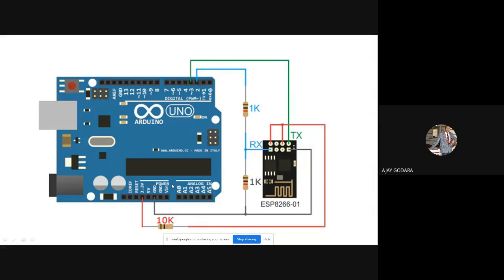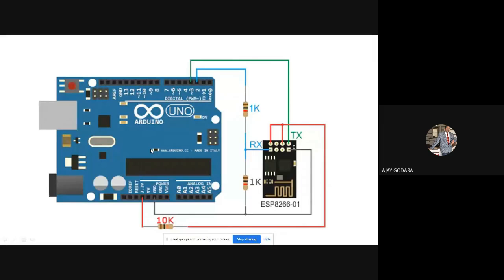First of all, what we have to do is connect that Wi-Fi module with the Arduino, and there is a very important part over here. When we are connecting that Wi-Fi module with the Arduino, a few parameters we have to take care of. The first one is that the Wi-Fi module is operated on 3.3 volt.